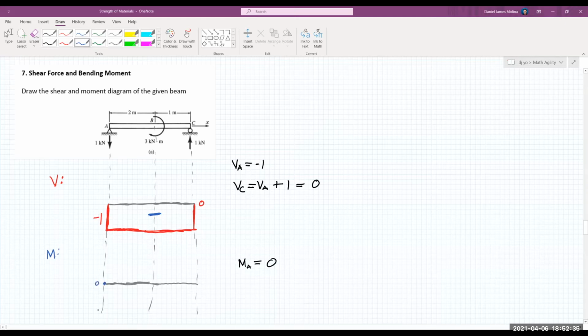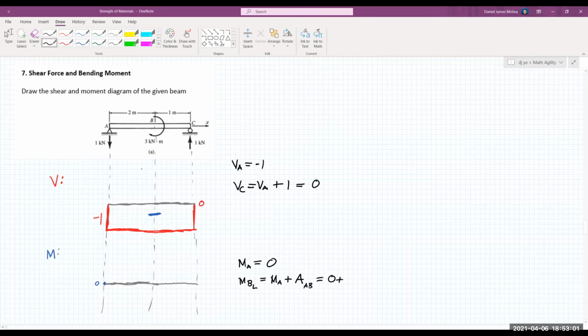Let's have the moment at B to its left. The moment at B to its left is actually the moment at A plus the area of the shear diagram from A to B. So that is 0 plus the area of the shear diagram.